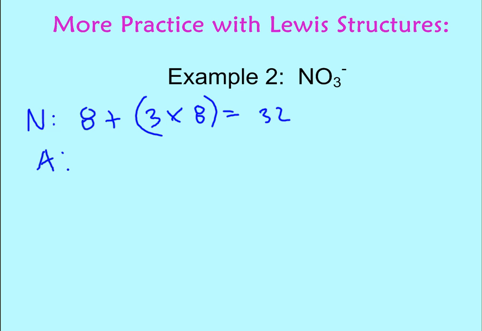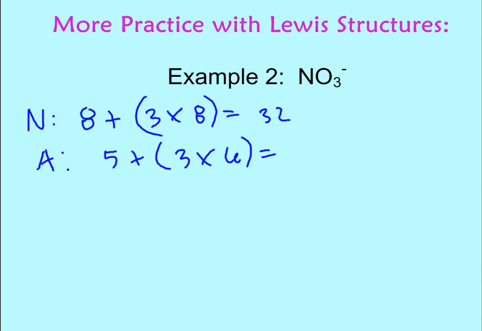A is the valence electrons. Nitrogen has 5, and each of the 3 oxygens has 6. Hold on, I'm doing this backwards.